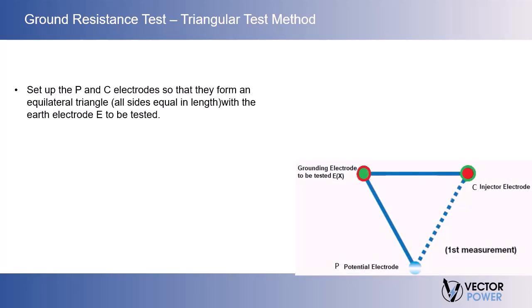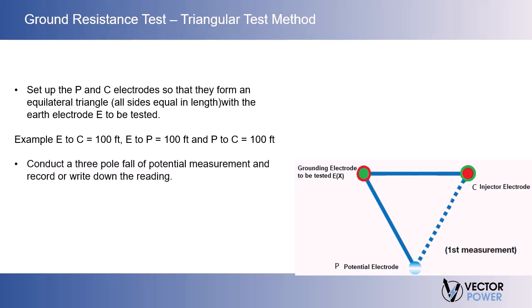To perform the triangular test method, set up the P and C electrodes so that they form an equilateral triangle, all sides equal in length, with the earth electrode E to be tested. Example, E to C would equal 100 feet, E to P would also equal 100 feet, and P to C would equal 100 feet.